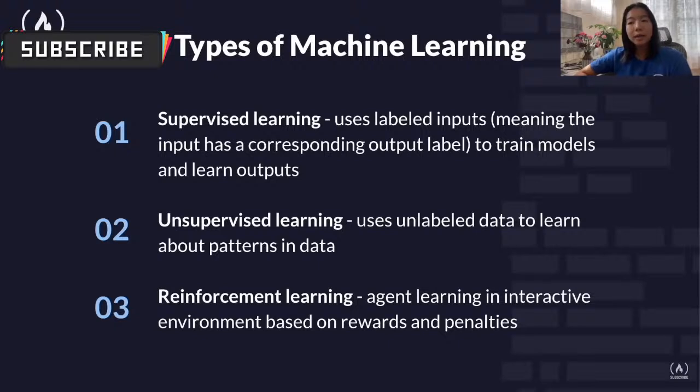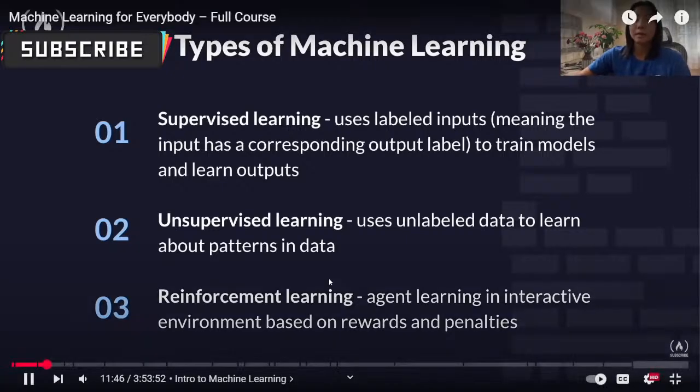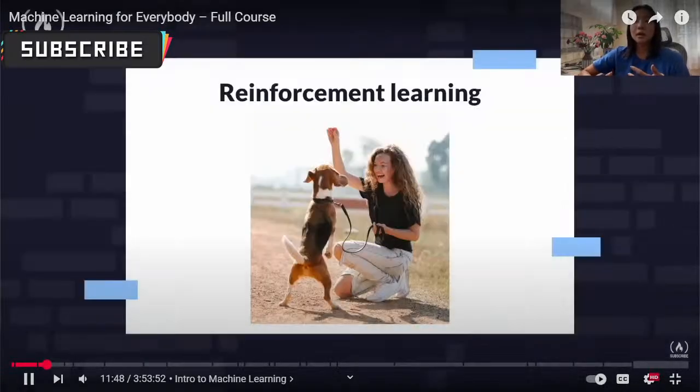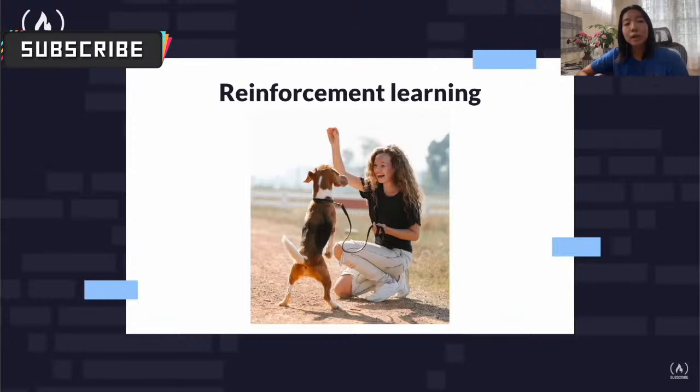And finally, we have reinforcement learning. In reinforcement learning, there's an agent that is learning in some sort of interactive environment based on rewards and penalties. So let's think of a dog. We can train our dog, but there's not necessarily any wrong or right output at any given moment, right?